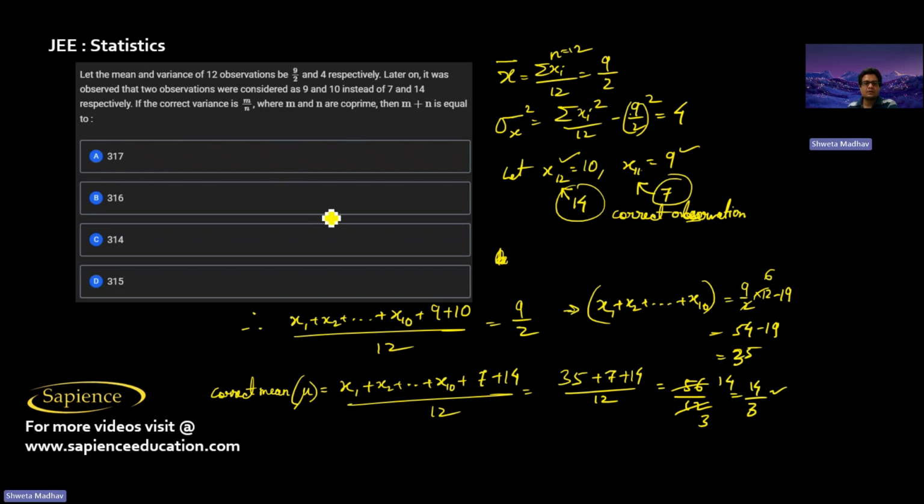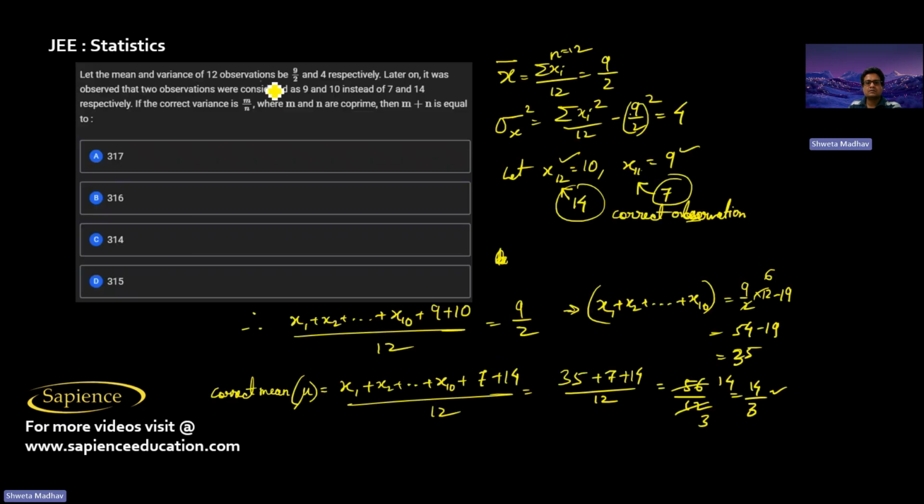Now the correct variance we need to find out. So let's say the correct variance will be equal to, the sum of the squares is x1 square plus x2 square plus dot dot x10 square plus 7 square plus 14 square.